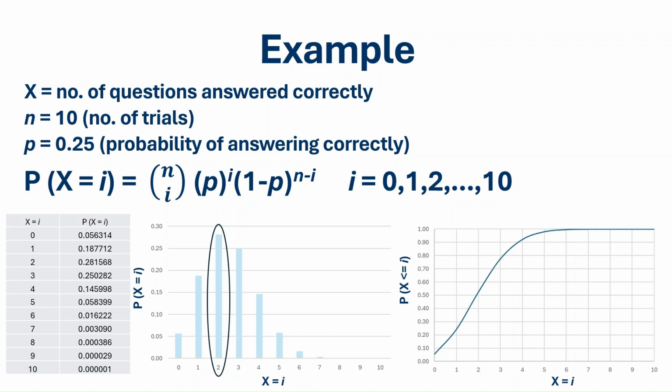We would sum up all the probabilities between 0 and 6, and then plot it. And then we would do that for all the values of x, summing up until that certain point and plotting the values until we get this curve that has just been shown. We can see from the plot that the curve flattens out at 6. What that means is that we will probably never get a result that's more than 6 out of 10.